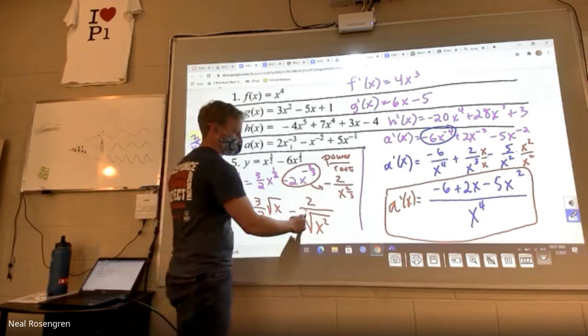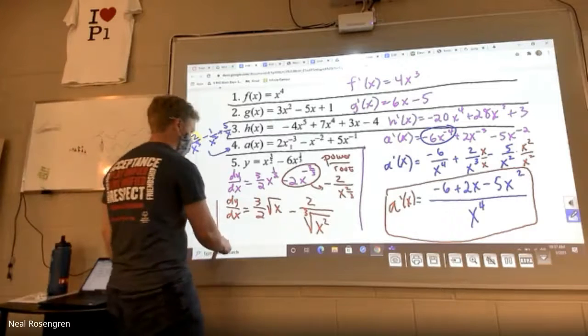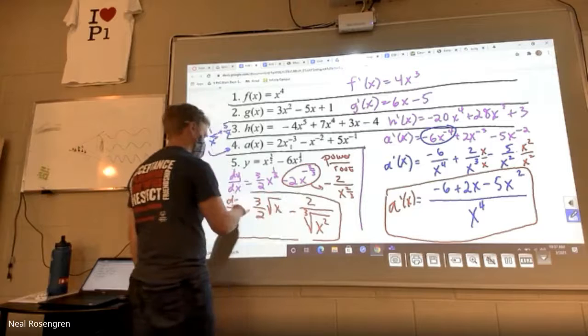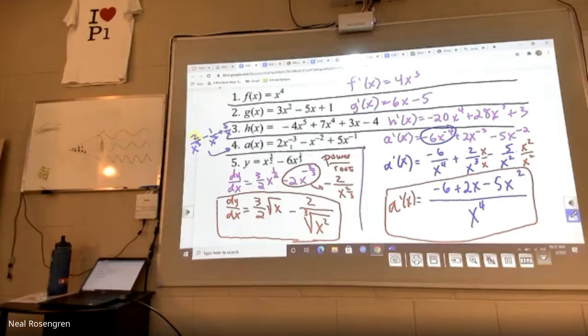But my root is 3, so it's actually a cube root. But it all depends on what they ask us to do. For sure, no negative exponents. But if they don't specify about radical versus rational setups, or if they don't specify about making one rational function, then just get rid of your negatives and be happy about it. But we have to kind of do whatever they want us to.